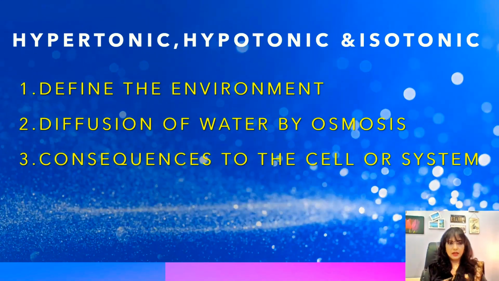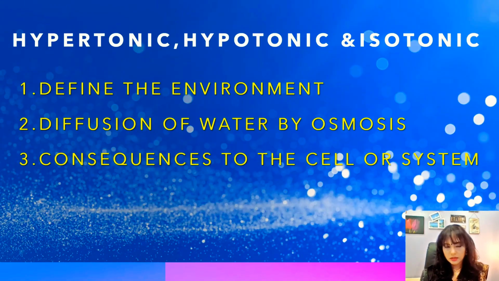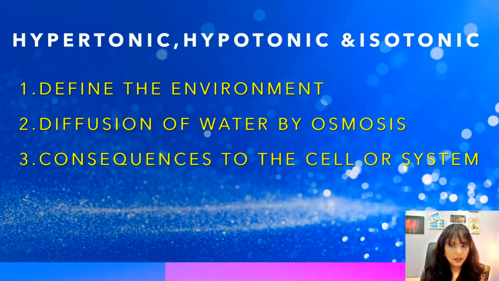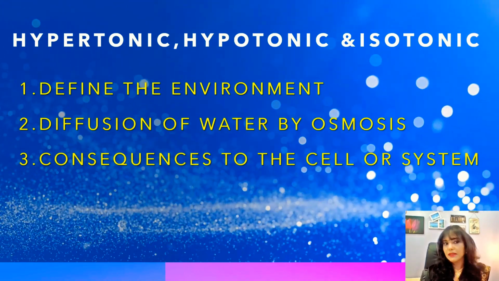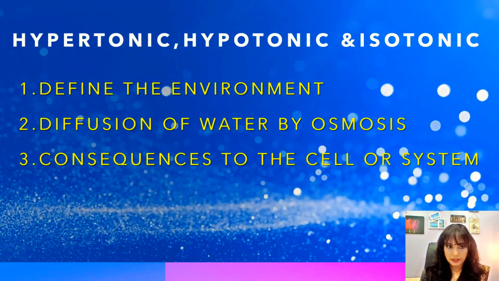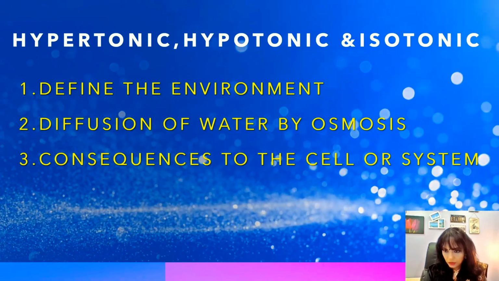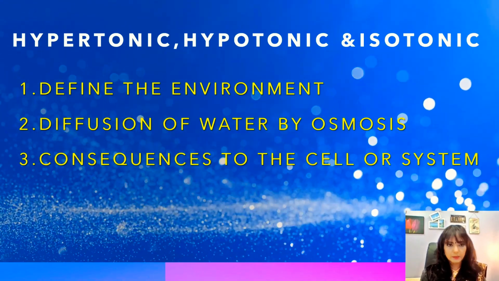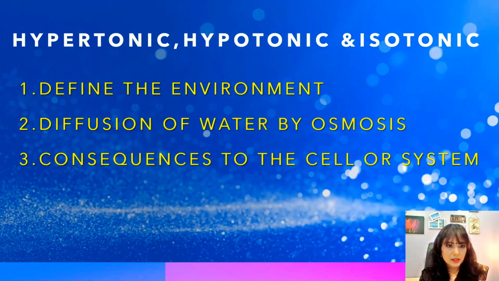For the start, that's good news. Even though these are questions related to isotonic, the three mantras that I taught you in the previous part 1 can still be applied fully. You can always go back and watch my first video on hypertonic, hypotonic and isotonic.